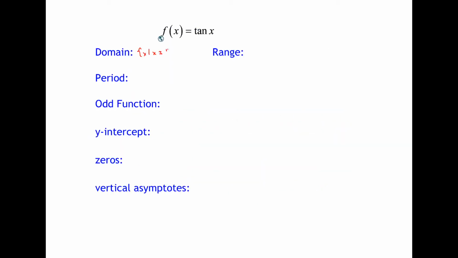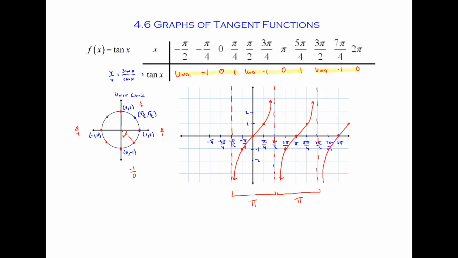So it cannot equal pi over 2 plus pi n, since it happens every period, where n is an integer. Just to verify, if I plug in n is 1, then pi over 2 plus pi would be 3 pi over 2, and at 3 pi over 2 there's another vertical asymptote.